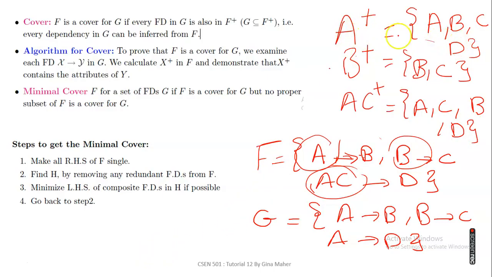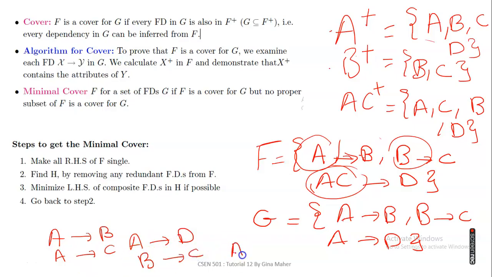From the closure, we can deduce that A implies B, A implies C, A implies D, and B implies C, and AC implies B, and AC implies D. Okay?